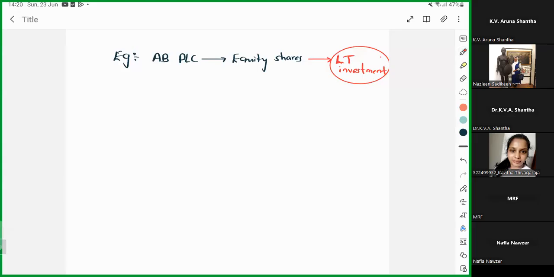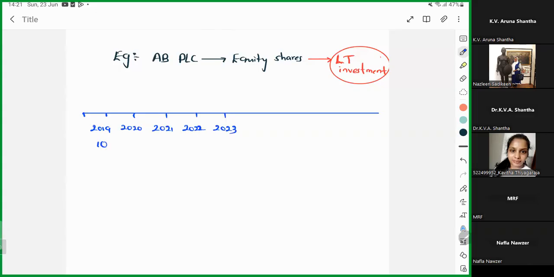For example, let's say over the last 5 years, year 2019, 2020, 2021, 2022, 2023. Let's say these are the dividend payments by that company, dividend per share: 10, 12, 15, 18, 20.